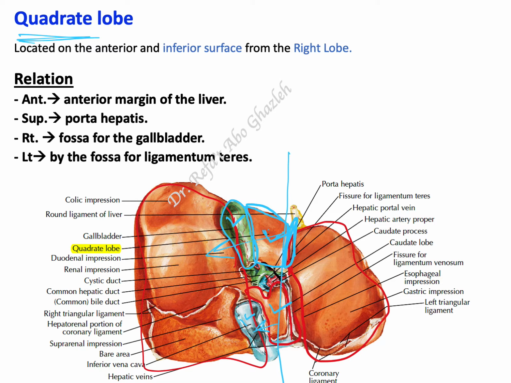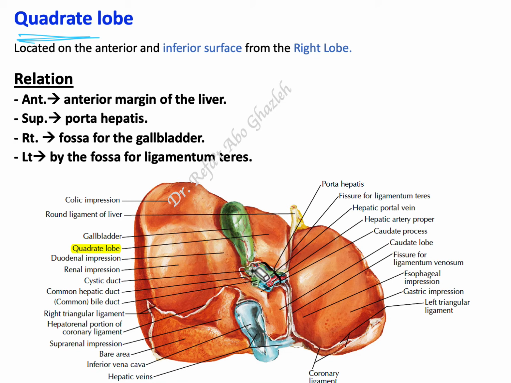And the relations, as I mentioned, for this lobe: anteriorly is the anterior margin of the liver, and superiorly there is the porta hepatis. To the right, we have the fossa for the gallbladder, because this is the right.